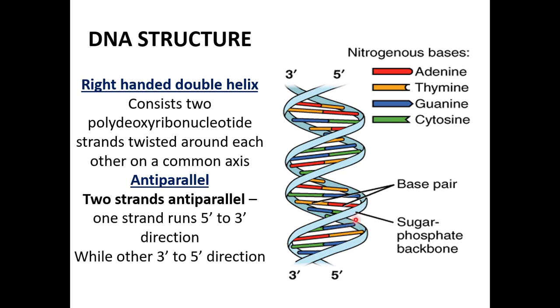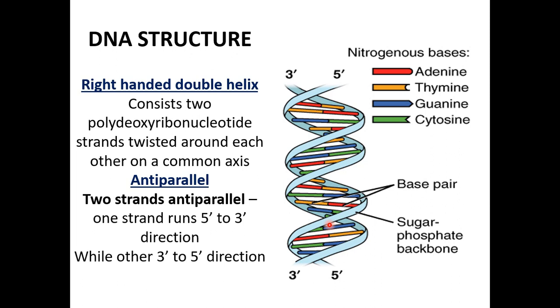Now, if you see this diagram, you can compare the structure of DNA with a spiral staircase, like a ladder. This is the phosphate and the base, the phosphodiester bridge, you can say. The phosphate and sugar are considered the handrail, and the inner side, that is the nitrogen bases, you can consider as the steps, and that's why this is compared to a twisted ladder.